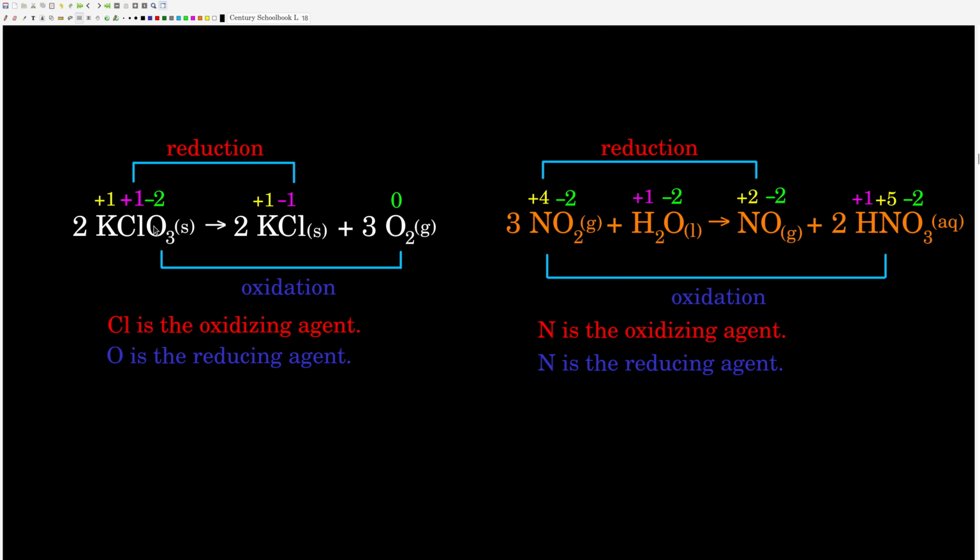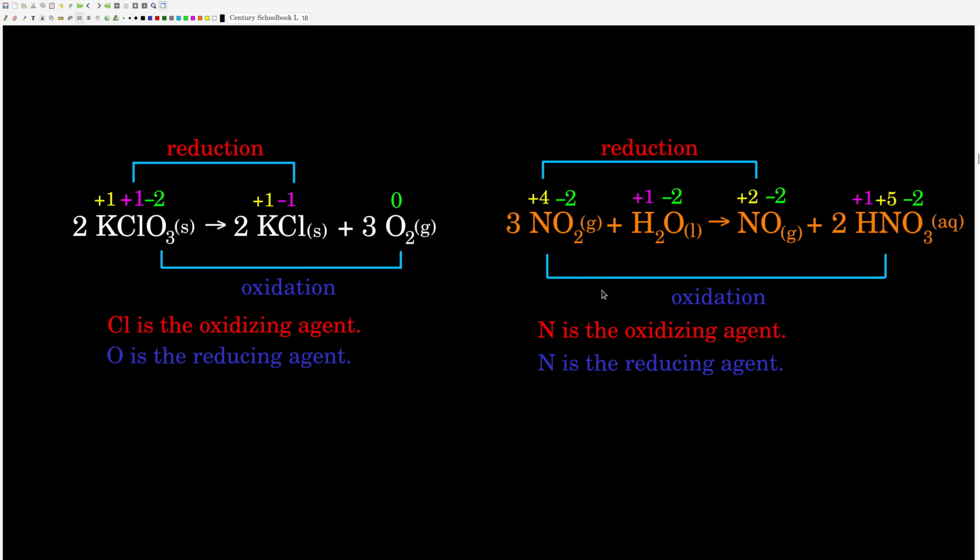Now oxygen goes from -2 here, and on the right-hand side we're applying the very first rule that says that an element in its elemental form has an oxidation state of 0. This is the elemental form of oxygen. Its oxidation state is 0. So oxygen goes from -2 to 0. It's becoming more positive or less negative. It's being oxidized. That means that chlorine is the oxidizing agent because it's being reduced, and oxygen is the reducing agent because it's being oxidized.